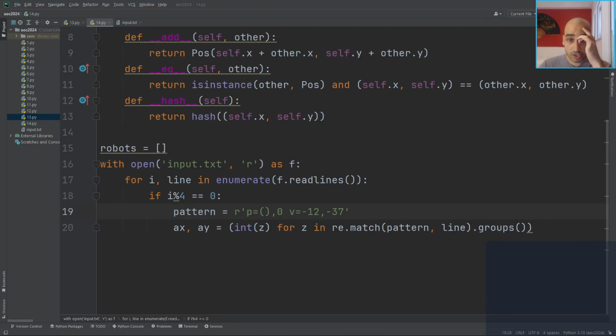ASCII letter, digit, or underscore. We want to include minus signs, so... I mean, I can just put an optional minus, but I'll just do any character, I think it's fine.